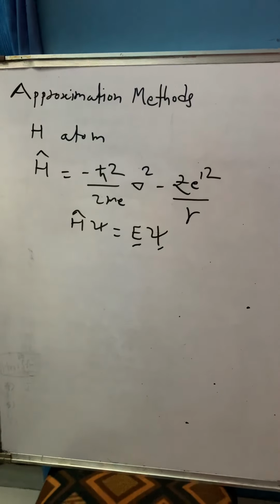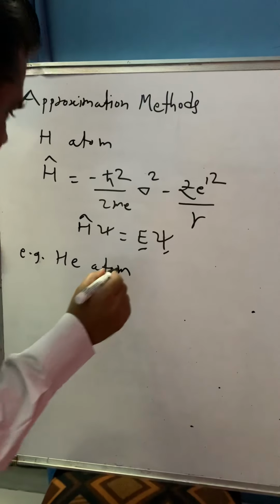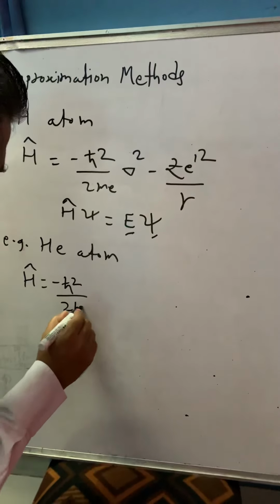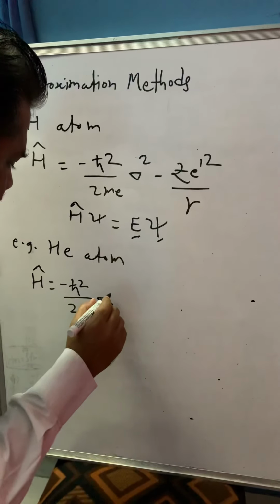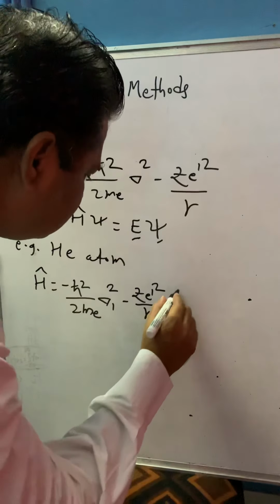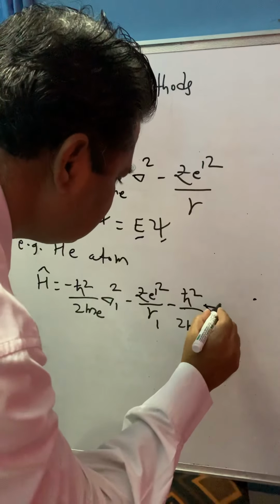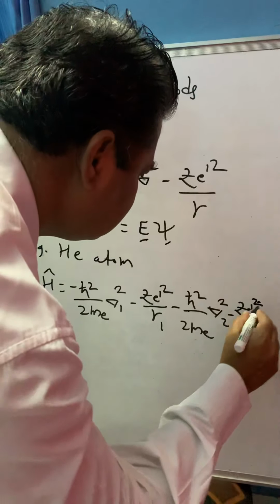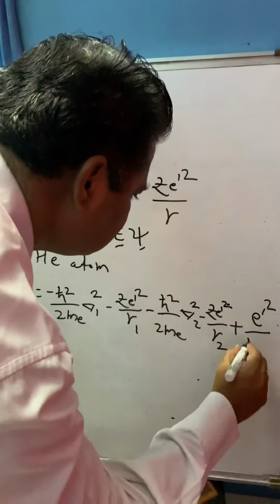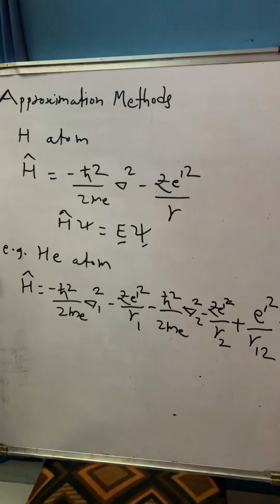We can take the example of helium atom. Now in case of helium atom we are having this Hamiltonian.